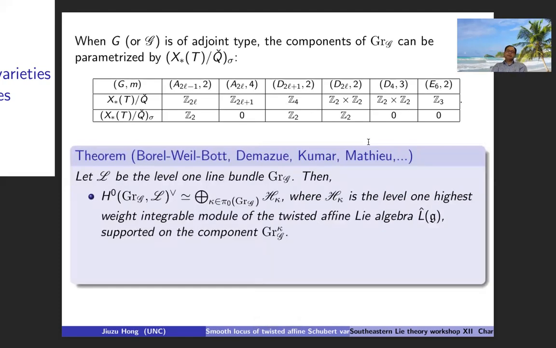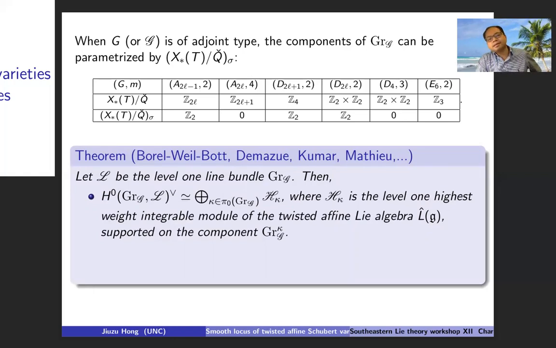So again, in the twisted case, we also have the Borel-Weil-Bott type theorem. So let L be a level 1 line bundle on the twisted affine Grassmannian. Then similarly, you take the space of global sections of this L on the twisted affine Grassmannian and take the dual.